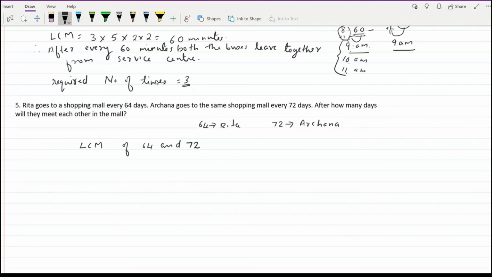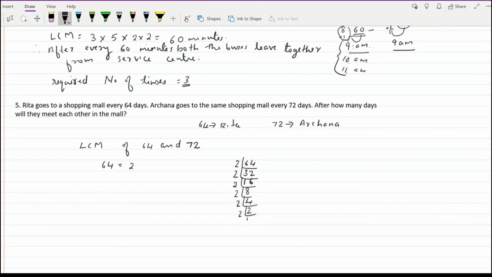First take 64 and do prime factorization. 2 twos are 4... 2 times 32, again 2 times 16, again 2 times 8, again 2 times 4, again 2 times 2, again 2 times 1. How many 2's are there? 1, 2, 3, 4, 5, 6. Six 2's are there.